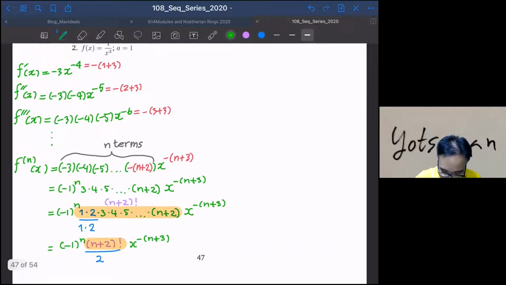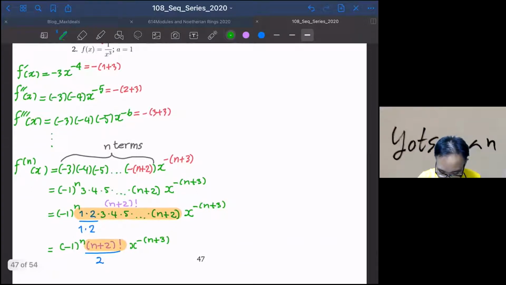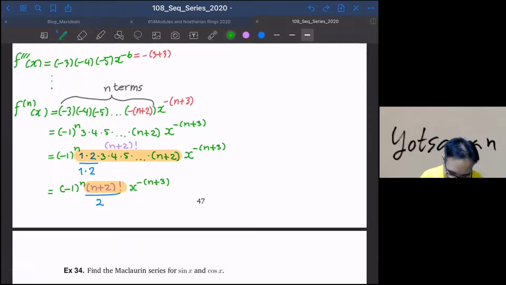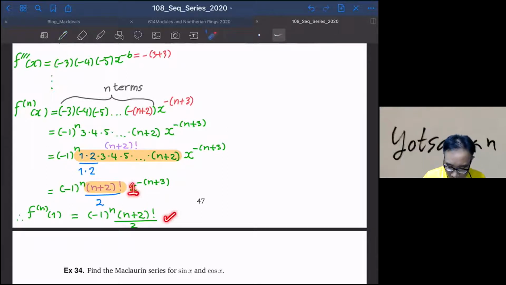So you have the nth derivative at 1, and it turns out to be -1 to the n times n plus 2 factorial over 2, with x equal to 1. Okay, so you get this one.